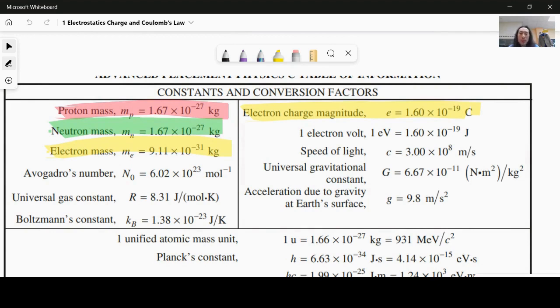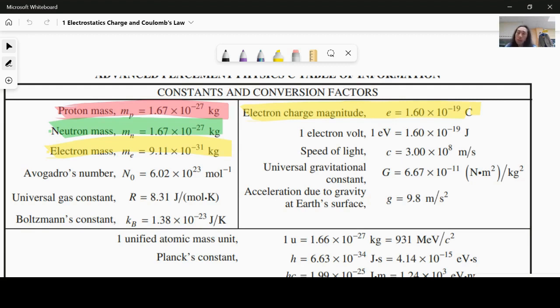However, we'll be using them frequently, so it does help to at least have the base magnitude in mind, such as the mass of the proton and the neutron will always be 1.67, or sometimes you might see 1.66 times 10 to the negative 27, and the mass of the electron will be 9.11 times 10 to the negative 31.